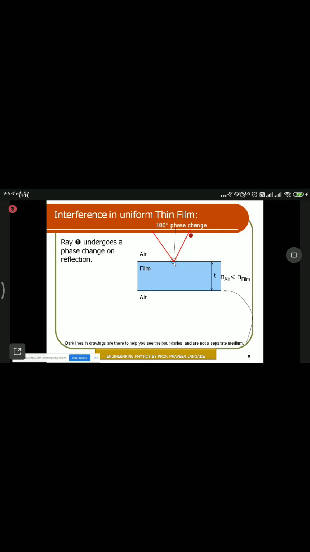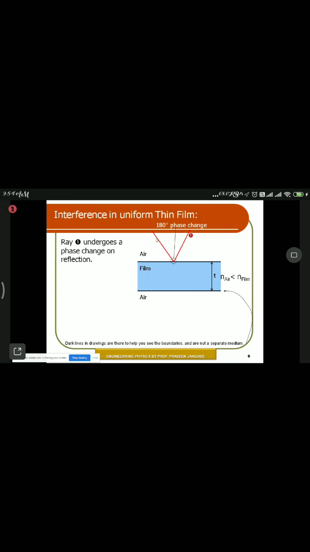If the reflection is from denser to rarer medium, there is a phase change, and that phase change corresponds to 180 degrees, or pi radian. In radians it will be pi, and in degrees it will be 180. That 180-degree phase change corresponds to the path difference of lambda by 2. This is how we get ray 1.